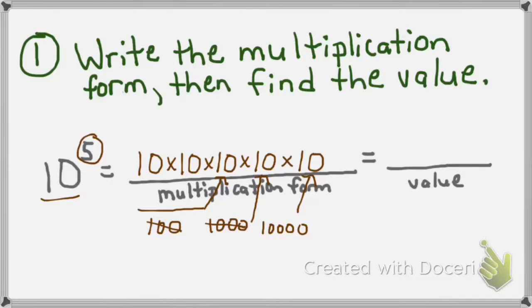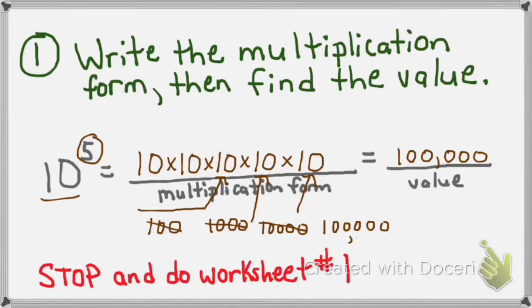Multiply that by the next 10, basic fact, 1 times 1 is 1, add on the 5 zeros, and we have 100,000. So when I properly put my commas in, the value is 100,000. Please stop the video and complete worksheet number 1 right now.